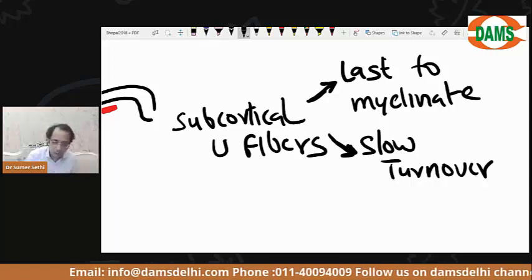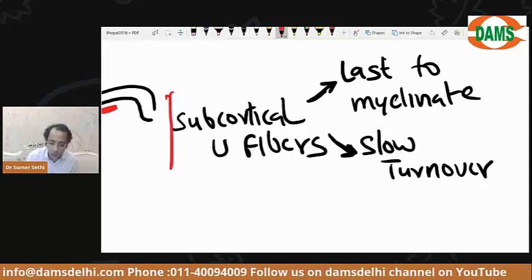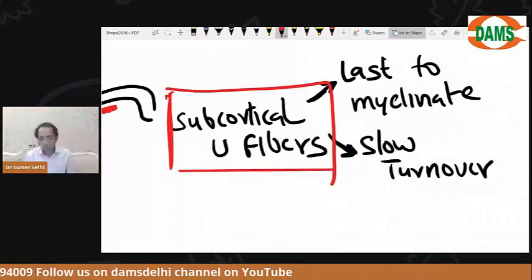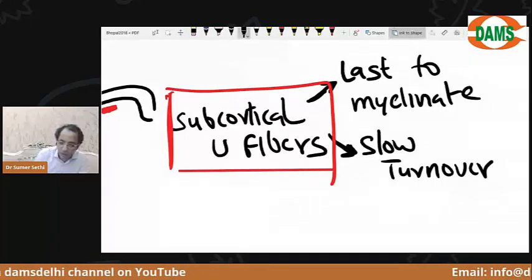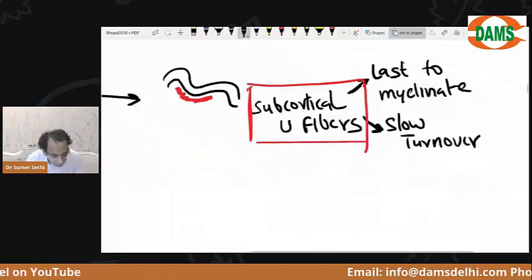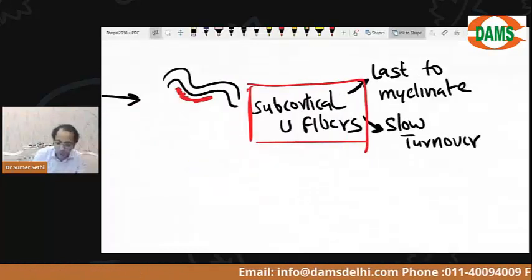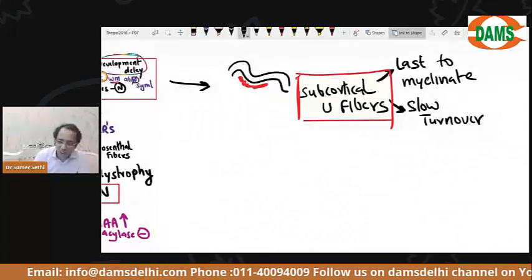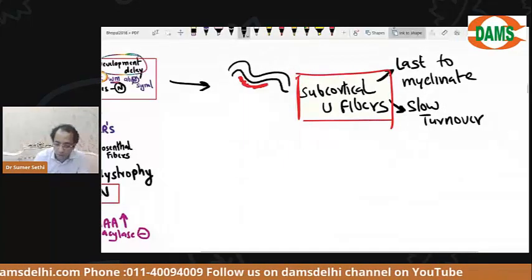But then we need to focus on the present so that we can understand what the teacher is telling us. Please see with me. Subcortical U fibers are last to myelinate and they have slow turnover. Now tell me, beta. Imagine if there is a disease which affects the myelin turnover.